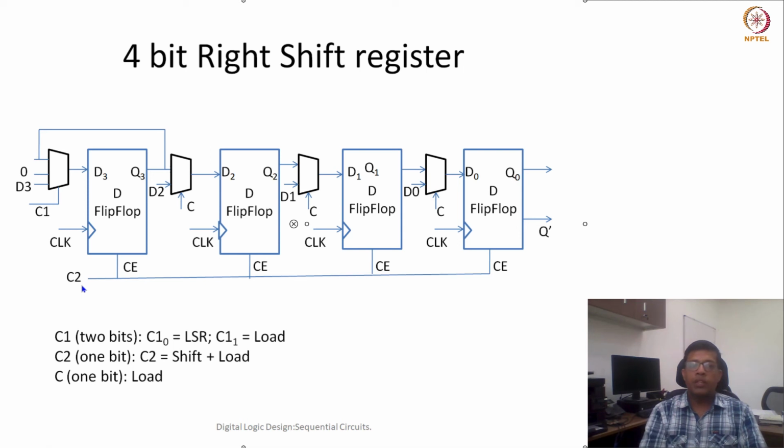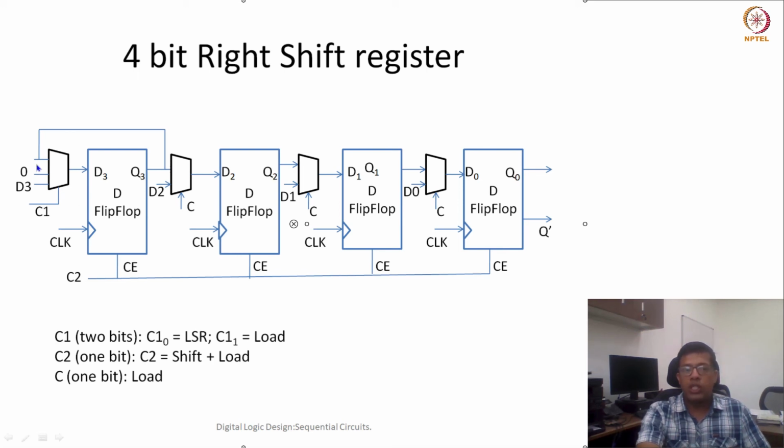If I see here, because it's a 3 input mux, there has to be at least 2 control bits. Input 0 and input 1 mean that we are performing some shift operation. While for input 0, 1, 2, C1 is going to be a 2-bit control, and in this 2-bit control, control 0 would take Q3 as an input and control 1 will take 0 as an input.